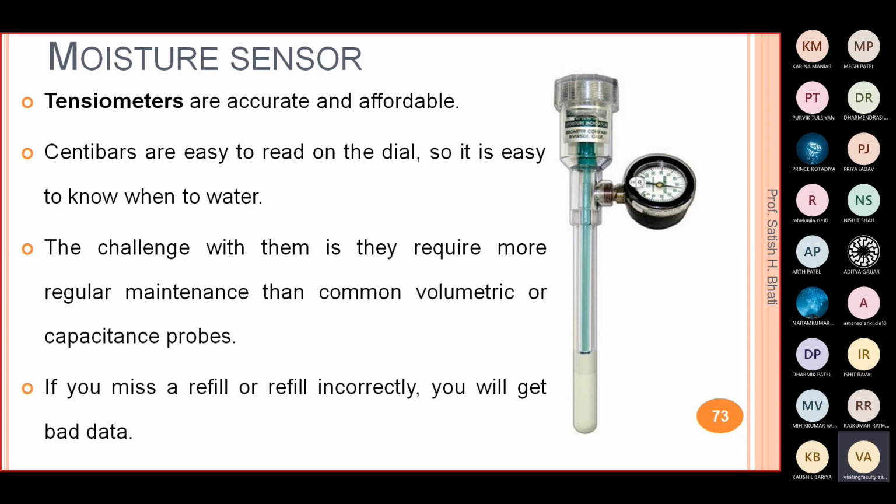It looks like a device or equipment, but it is a soil moisture sensor. On that dial it will give you the reading, so you can read it from the dial. They will give you the reading in centibar.